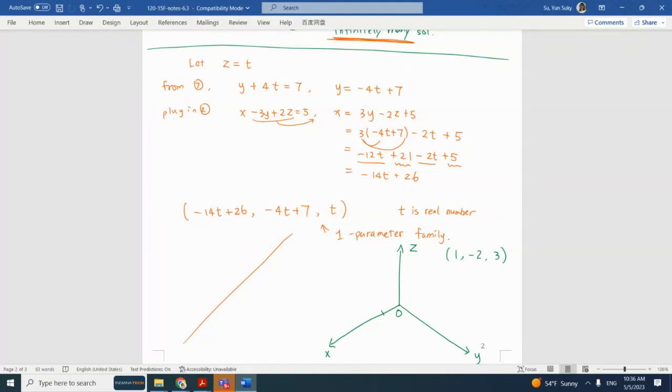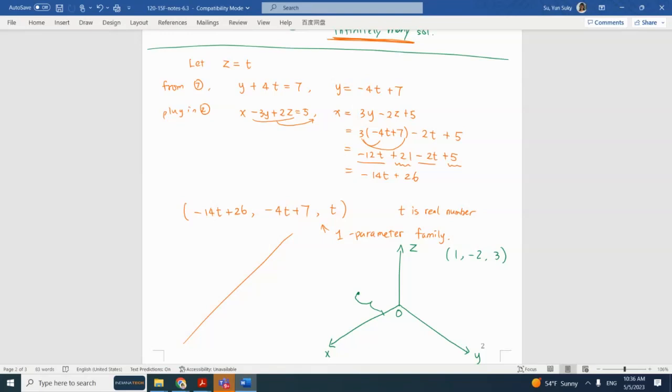And then, y is negative 2. Negative 2 means we go in the opposite y direction for 2 units. Yes, everybody? So we go back, 1, 2, along the negative y-axis for 2 units.